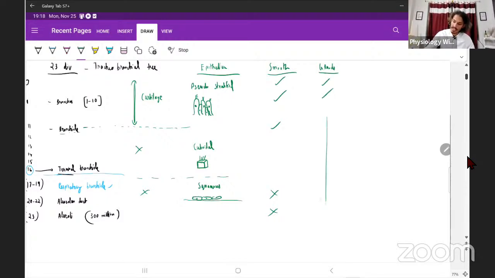Later on, glands are not present. Glands are important because they secrete substances. Along with the cilia, the substances that you secrete from the glands, like the mucus, help prevent foreign bodies. So with regard to the fibrocartilage, epithelium, smooth muscle, and glands, these are various degrees by which changes occur in the tracheobronchial tree.